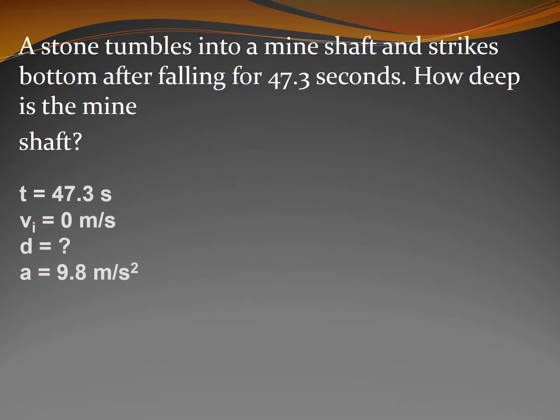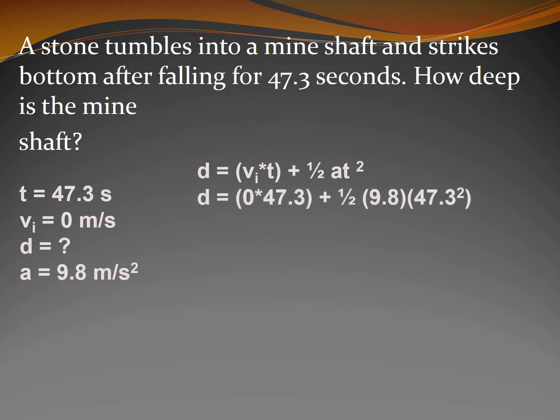And so my variables, I have t equals 47.3. My initial velocity is 0 because it's something falling. I don't know distance, and I have acceleration is always equal to 9.8 meters per second squared. So we use our formula, and we know that initial velocity is 0, so I know that I can automatically cross that out. And we have 1/2 at squared.